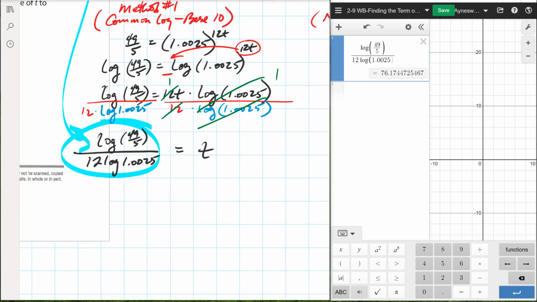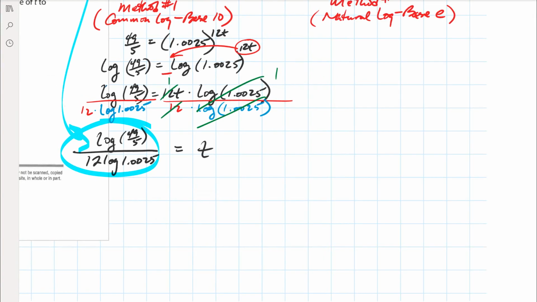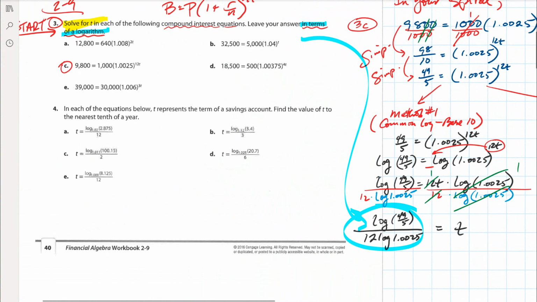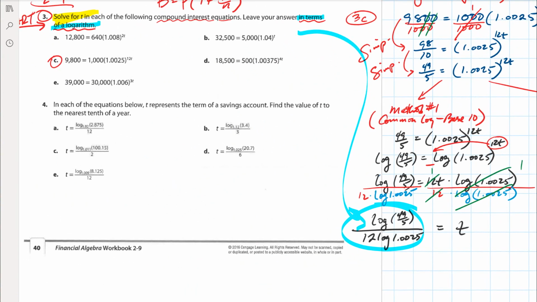Even though this is not the answer. This is not log form. So 76.174 is the approximated decimal, but that's not what the question's asking. The question is asking you to solve for t, which I did. I solved for t in terms of a logarithm. So that's what this means right here, in terms of a logarithm.